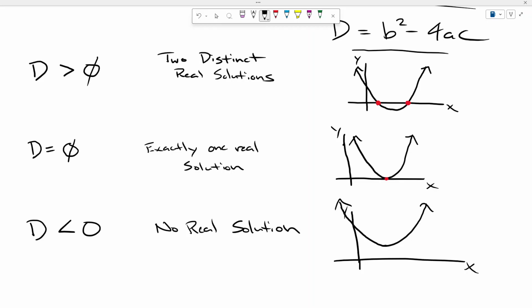So in this case, it doesn't hit the x-axis at all, so there are no x-intercepts, so there's no real solution when the discriminant is less than 0.